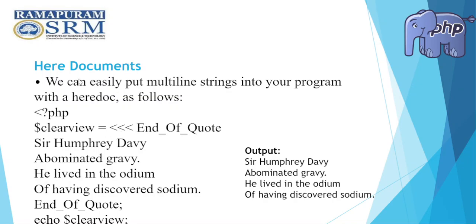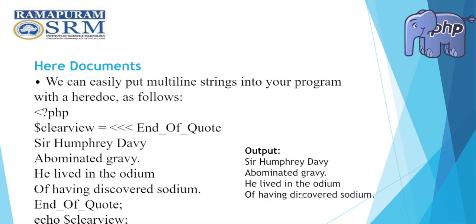The syntax for a heredoc is: you mention the variable name equal to three left angle brackets, then start with the label name, for example END, then you can mention the strings, any number of lines, then end with the label, then you can print that value. See this example: whatever we have given inside the label, everything will be printed.